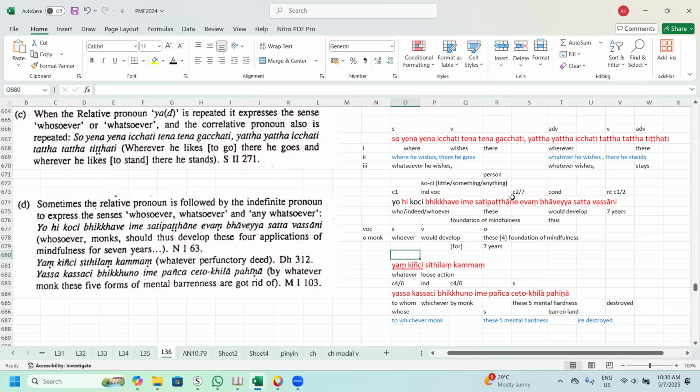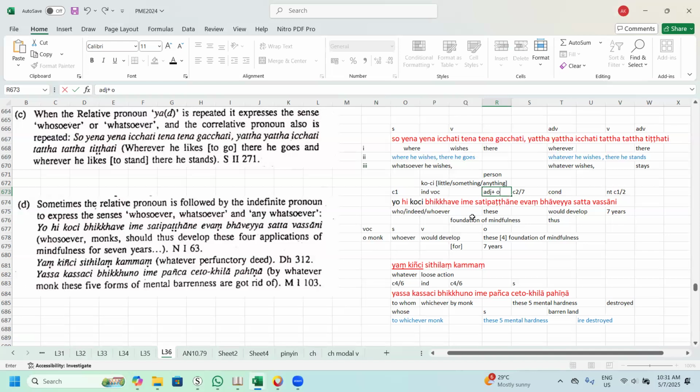Can you see that this and this are the same case? So this is an object. This is an adjective to the object, adjective plus an object. That means this is plural. So this is the object because ima is the stem. Ime is the nominative as well as accusative.